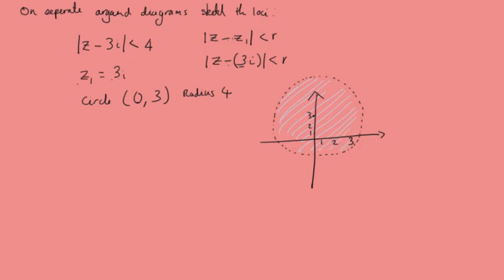Okay, let's do another one. So this time we have modulus of Z plus 5 less than or equal to 5. So again, let's think about what Z1 would be. So Z minus, and we've got 5 less than or equal to 5.